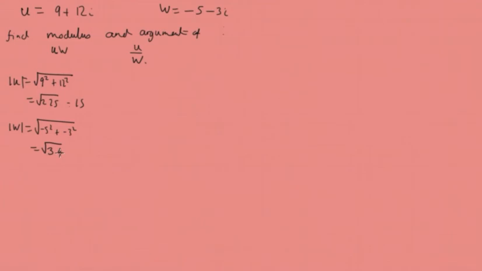Okay, so for u, we have 9, and we have 12, we have some theta, and this is our modulus. So the argument of u is going to be the inverse tangent of 12 over 9, which is 0.927.